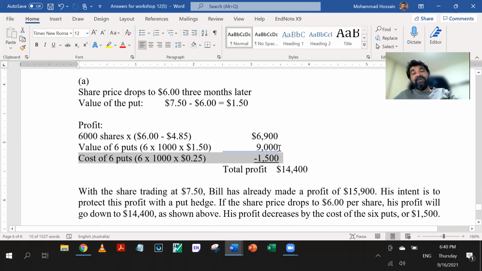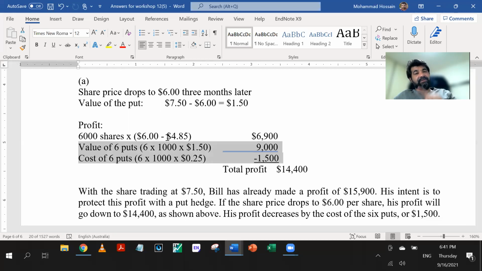And this is the thing: the profit he is making from the puts is $9,000, right? But the question is how much profit he is actually making. Look, he bought at 4.85. Think this way: how much profit is this put contract giving him?